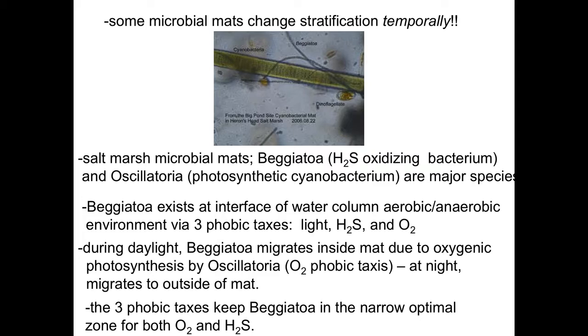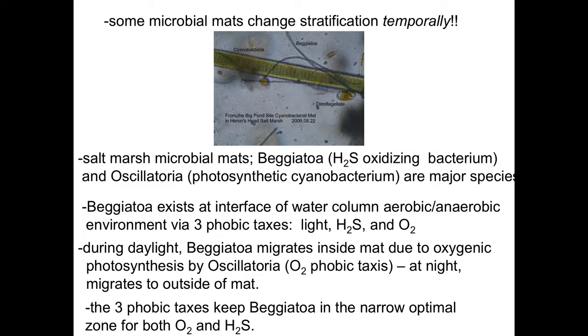But as the daylight changes and oxygen levels change, these microbes migrate to different regions within the mat. Beggiatoa exists at the interface between the water column and an anaerobic environment via three taxes: it avoids light, it tries to get to hydrogen sulfide, and it avoids oxygen, because Beggiatoa doesn't like oxygen. During the daylight hours, when the mat is exposed to light, this motile, chemolithotrophic bacterium migrates inside the mat, because Oscillatoria is carrying out photosynthesis and producing oxygen.